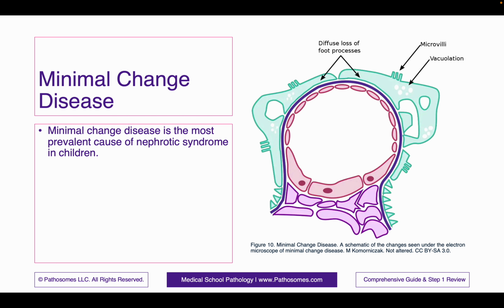Now let's talk about an important condition to be aware of called minimal change disease. This will definitely show up for sure. Minimal change disease is the most prevalent cause of nephrotic syndrome in children, right? You will definitely see this. Minimal change disease, most common cause of nephrotic syndrome in children.